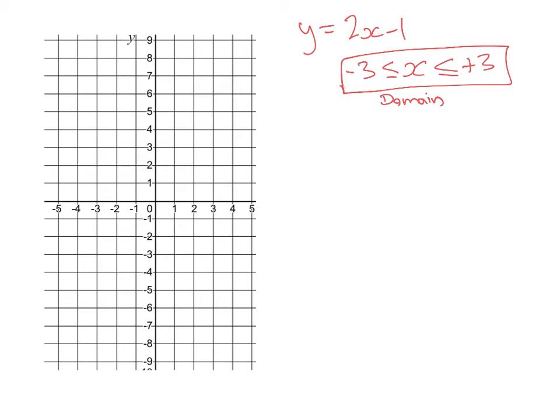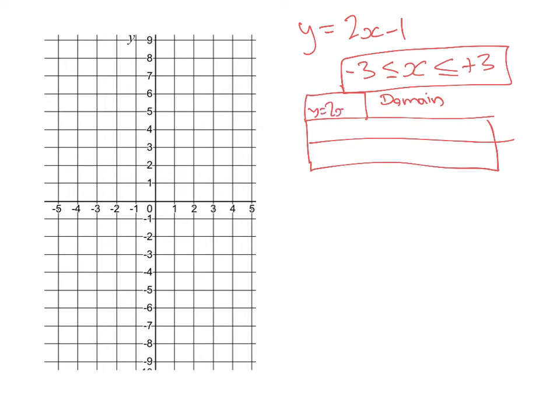Now, to draw it, there are two ways. The most common way is to use what's called a plotting table, because you use it to generate coordinates, and then you plot them on the graph, and then you draw a line through them. So, here's our plotting table. It's nice and easy. It's got a label on the top, which is where the equation goes, y equals 2x minus 1.